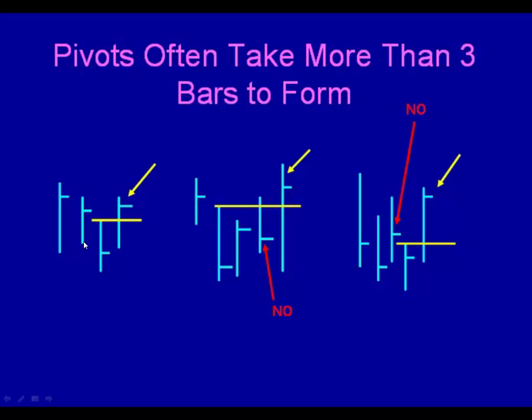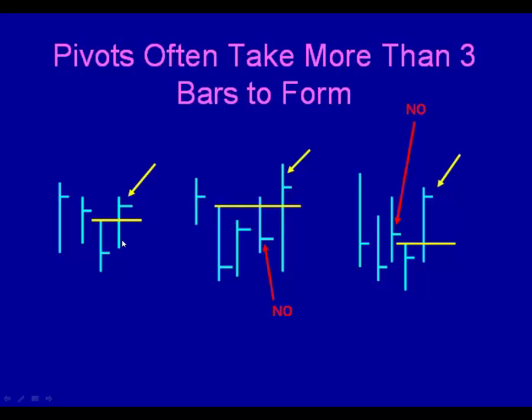We have an inside bar on the left-hand side. Then another lower high and a lower low that took out the prior low. Then the next bar has a higher low, higher high, and we closed above the high of the lowest bar. That creates, in this case, a 4-bar pivot.